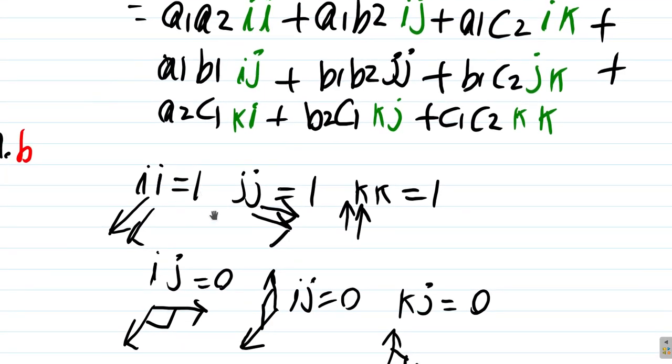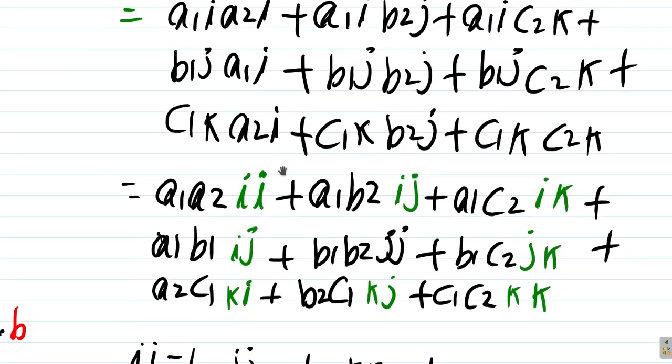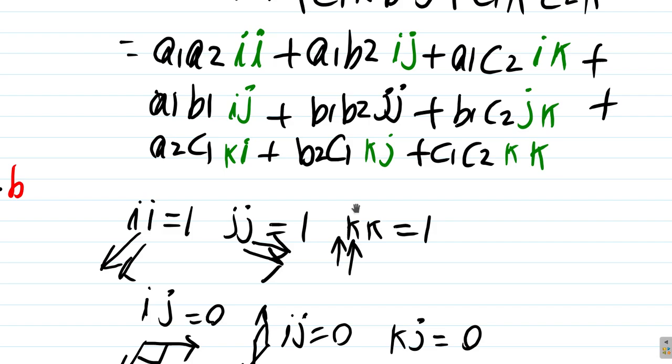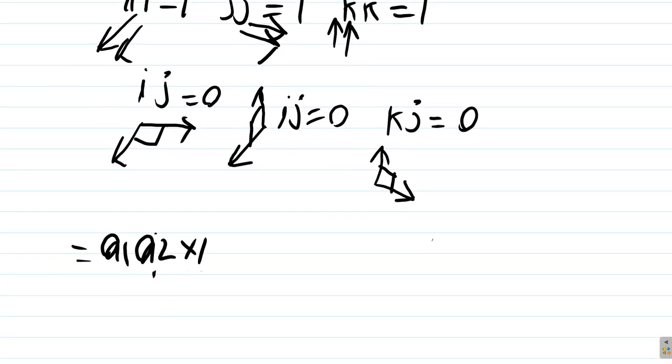A1, A2 times 1. Alright, so A1, A2 times 1, good, plus IJ, this is going to be 0, so A1, B2 times 0, alright, plus A1, B2 times 0 plus, or let's not put the times because it's kind of crowding.